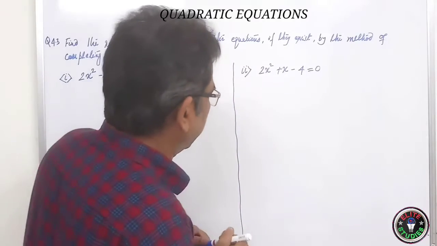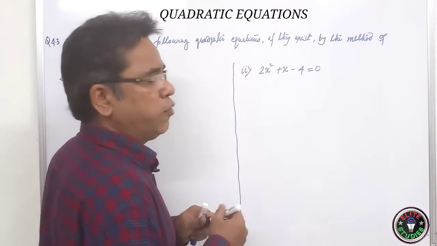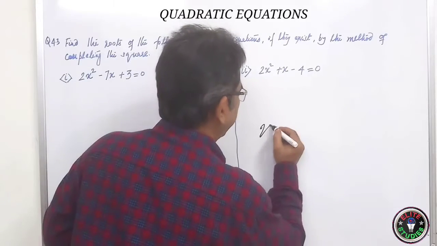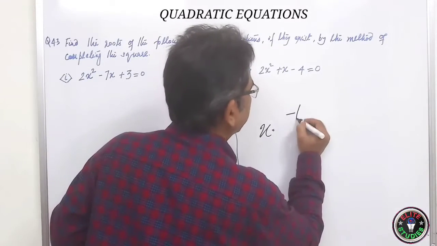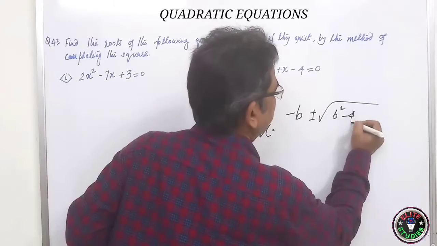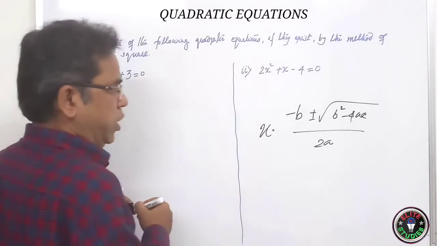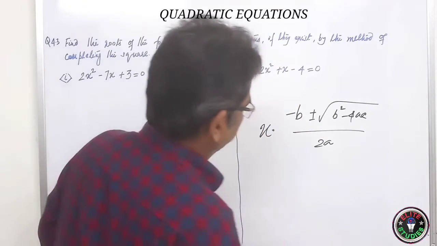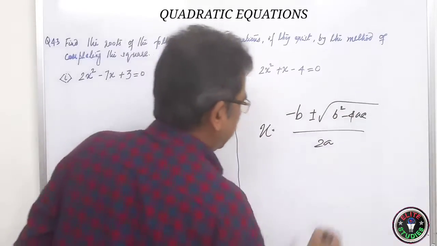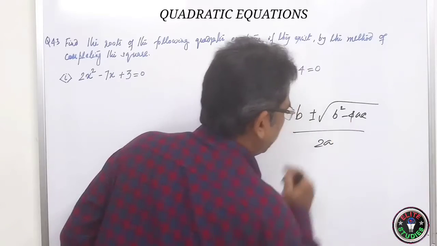Dear students, by the quadratic formula we know x is equal to minus b plus minus root over b square minus 4ac by 2a. Here you see b square minus 4ac.